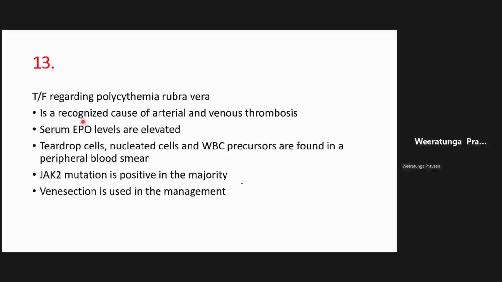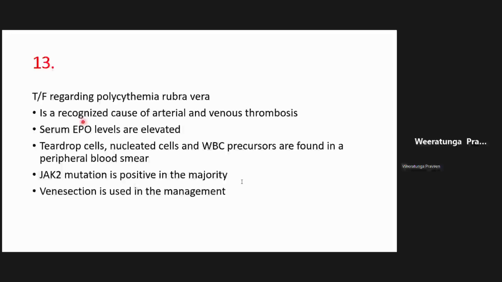Now let's talk about polycythemia rubra vera. So obviously how you diagnose it, the hemoglobin will be high. Hemoglobin and the red cell mass will be very high in polycythemia rubra vera, right? What happens if you measure their erythropoietin levels?